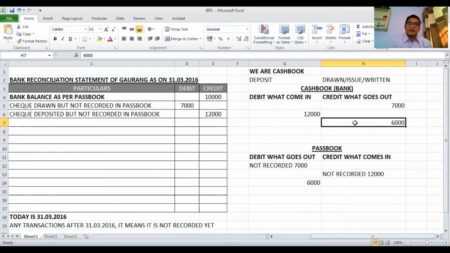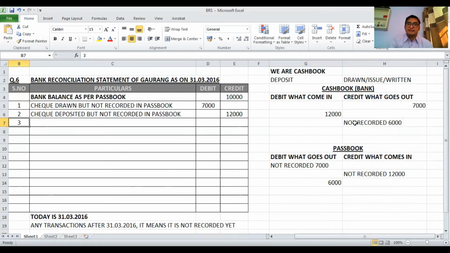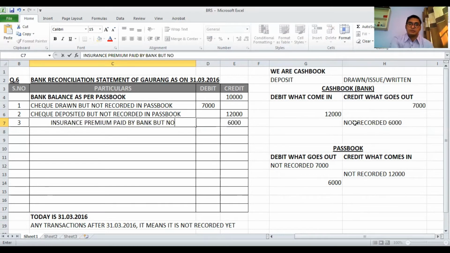Any entry after 31st March means it is not recorded and now we are going to record this entry for 6,000 rupees on credit side, transaction number 3, insurance premium paid by bank but not recorded in, I am writing in short, cash book.